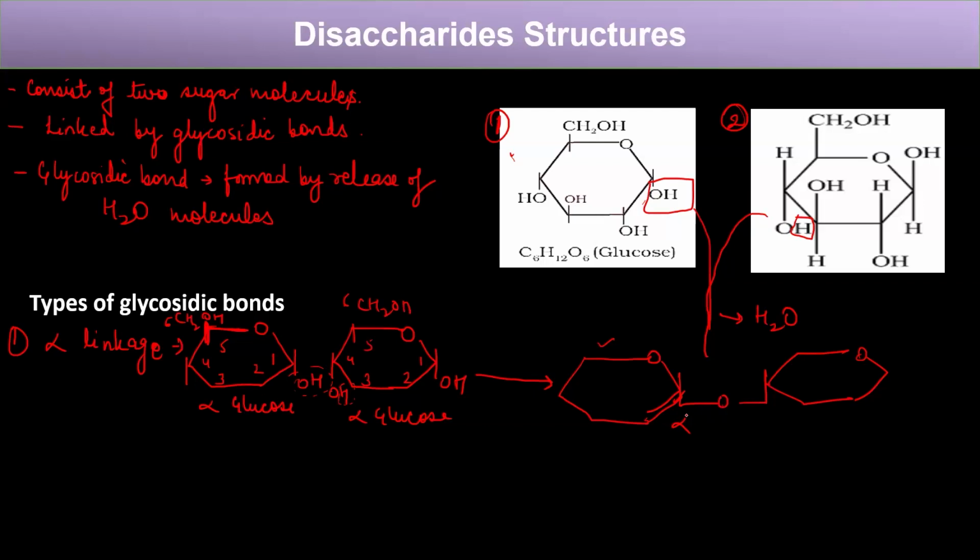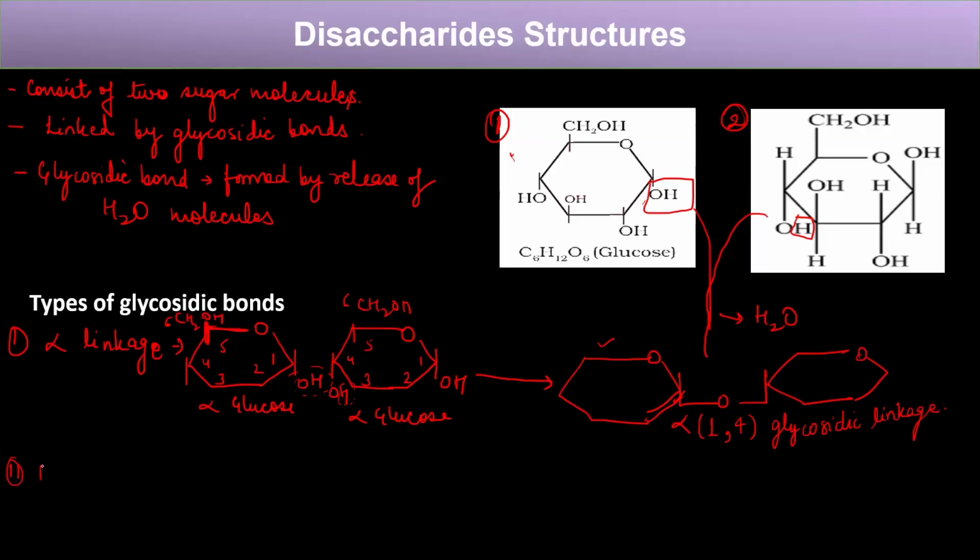So because it is linear, it will be alpha and then 1,4. So it will form an alpha 1,4 glycosidic linkage. Okay, so this is one type of linkage.